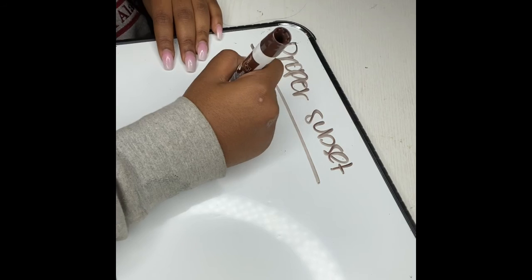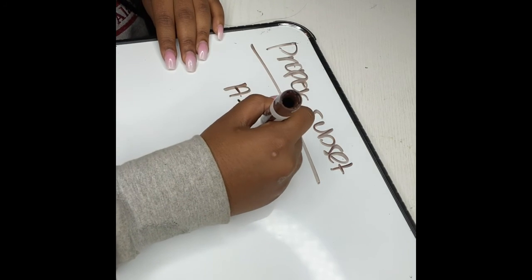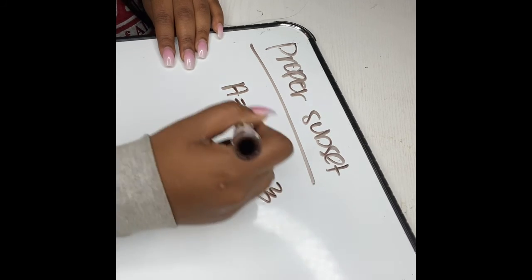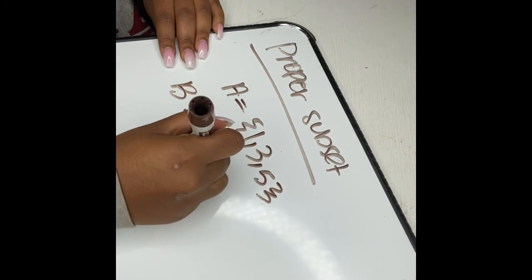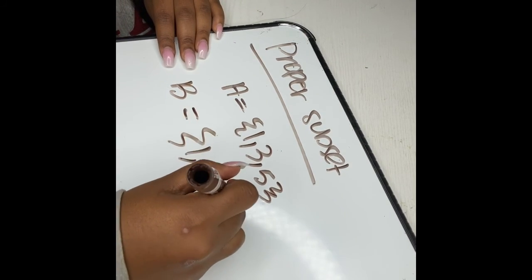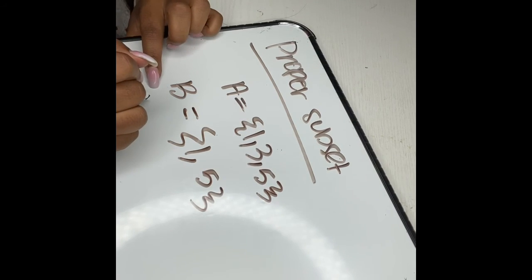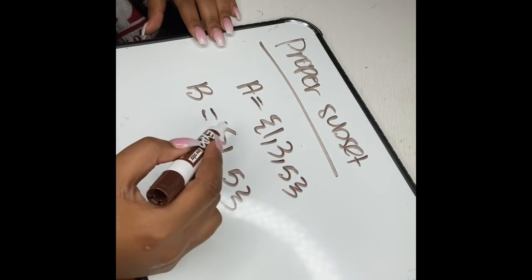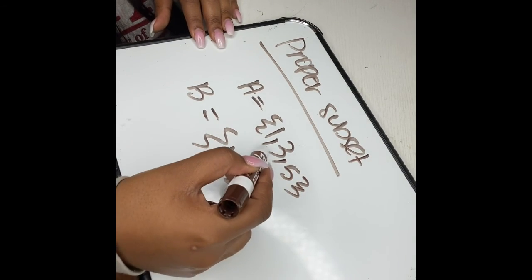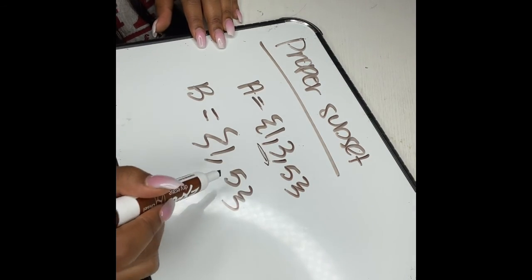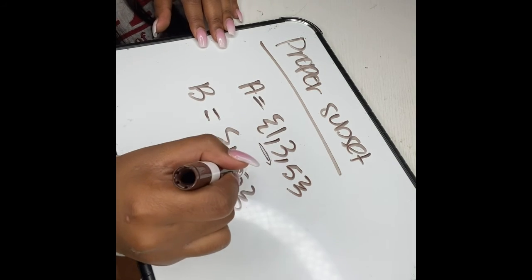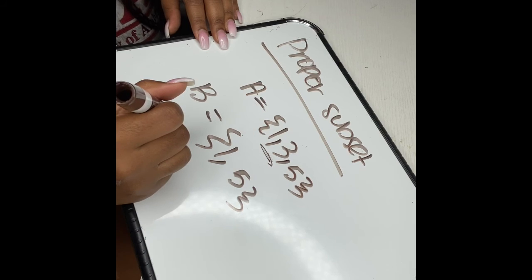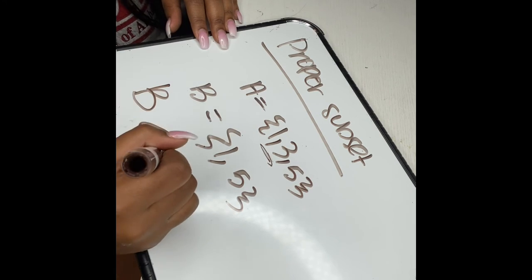But if A is 1, 3, and 5, and B is 1 and 5, then B is a proper subset of A, because even though it's not equal to A, given that it doesn't have the 3, it still has 2 of the same elements. So B is a proper subset of A.